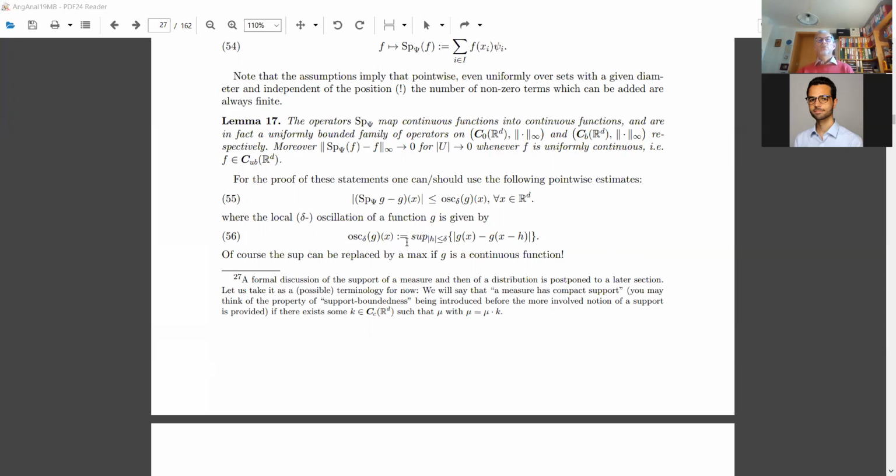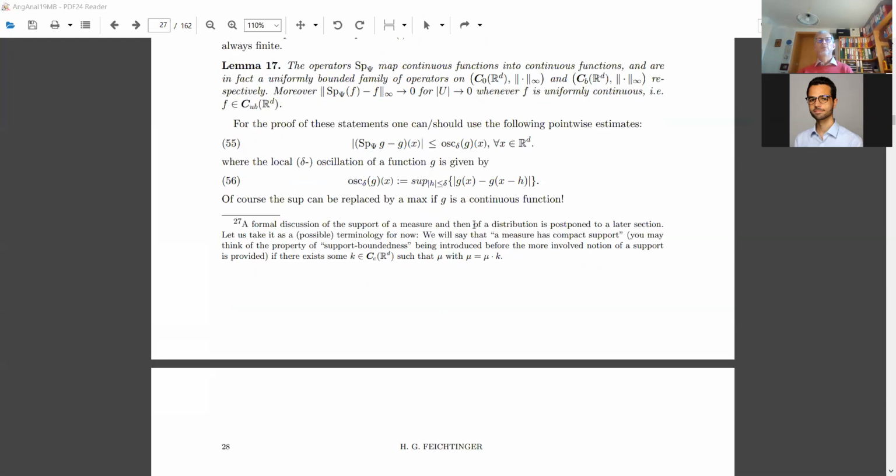And what we have to estimate is first to say, if the size of our partition of unity is delta, so we already have a very fine piecewise linear interpolation, we can estimate it pointwise by this oscillation function. So there are two tasks: find the estimate 55 and then prove that this oscillation goes to 0 if you take a uniformly continuous function.